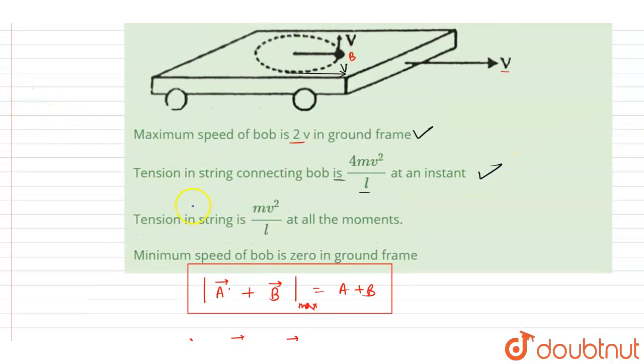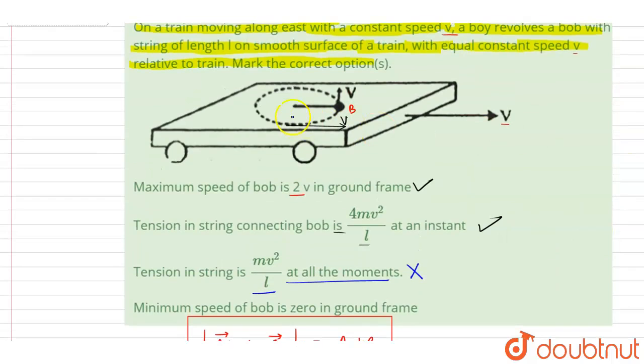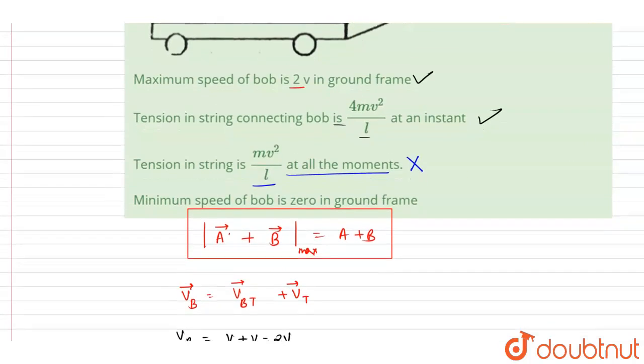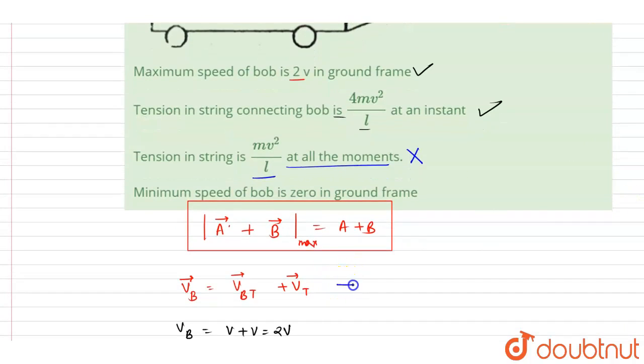Moving ahead, the tension in the string is this at all moments, wrong. It is changing, since the velocity with respect to the ground is not constant. We calculated at this position, so it will depend on what the angle is. You have to go with the vector formula and the angle between them, the proper vector method, to calculate that.